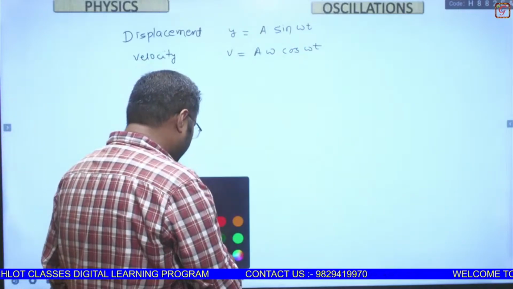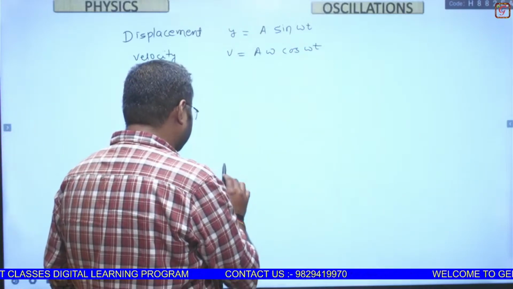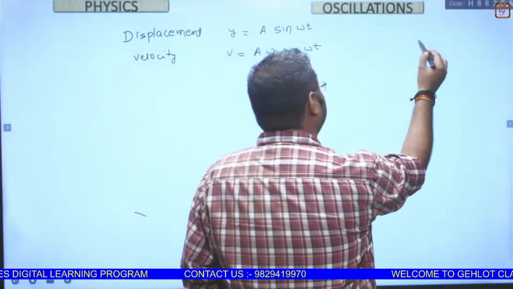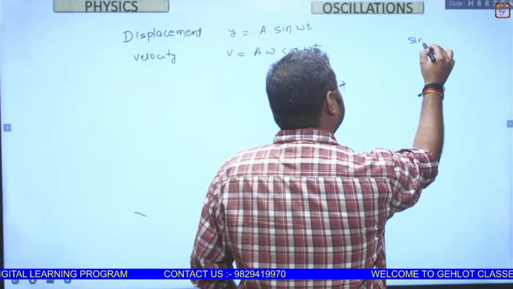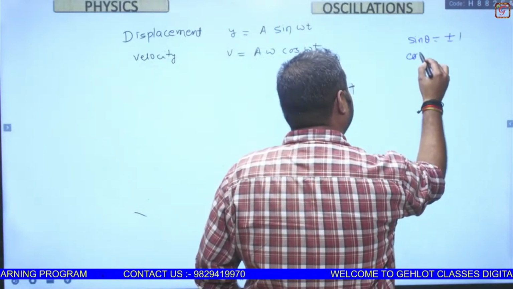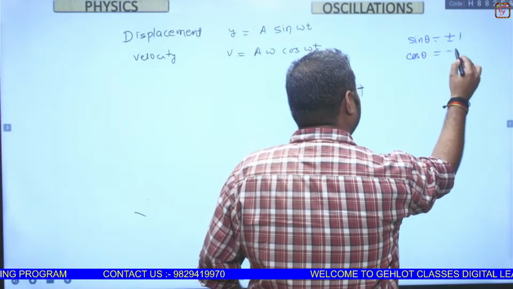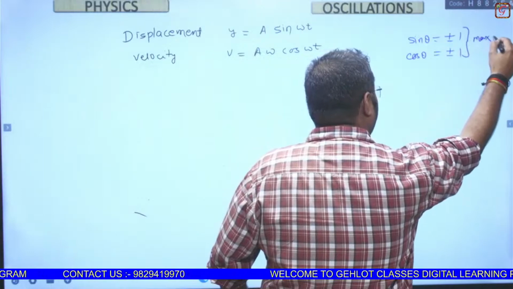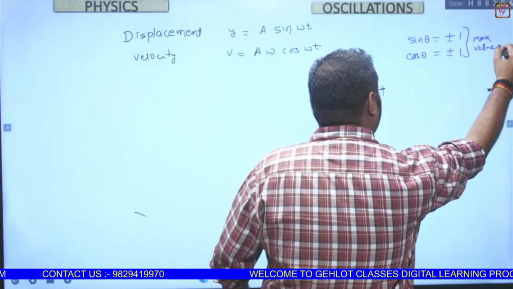Now tell me what is the extreme value of sine theta and cos theta. The extreme value of sine theta is plus minus 1, whereas the extreme value of cos theta is plus minus 1. These are the maximum values.